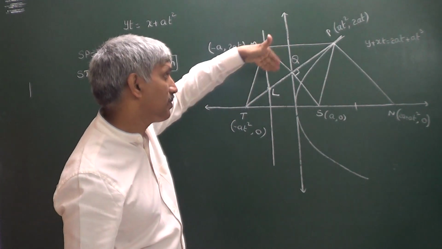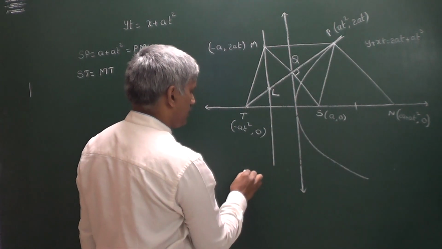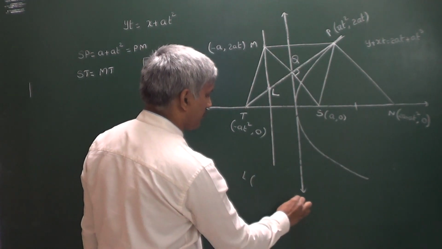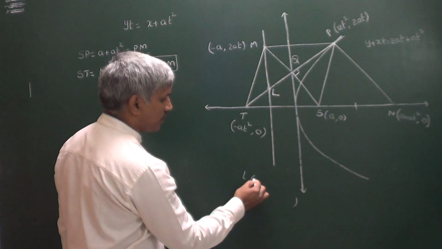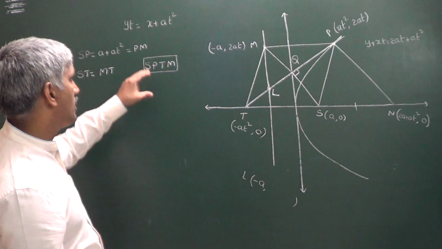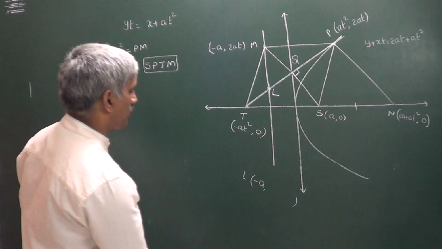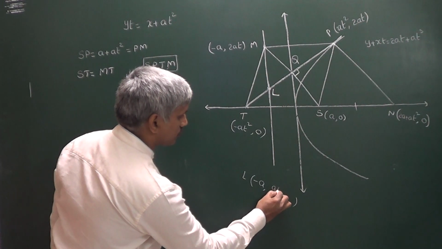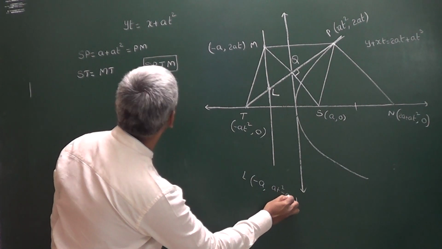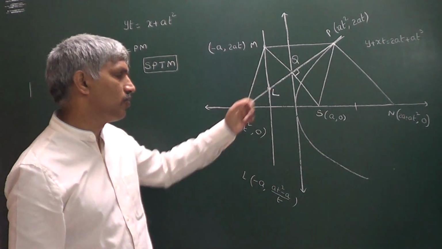That is nothing but PL. Can you say what about the coordinates of L? Easily we can say the coordinates of L. L point x coordinate is minus a. Yes, L point x coordinate is minus a. If minus a is substituted here, you will get the y coordinate as (a t square minus a) divided by t. So that is about L coordinates.